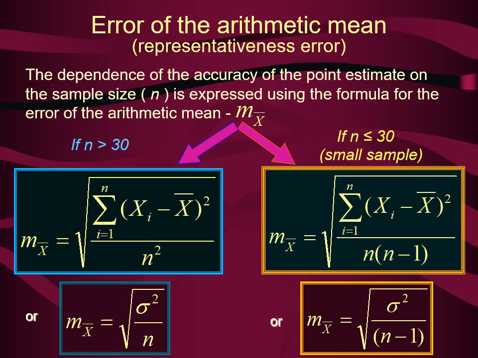But, of course, the arithmetic mean error will decrease when the sample size increases. It's one thing when we multiply 30 by 29, and another thing when we multiply 5 by 4. These will be different denominator sizes, and of course, a different error.